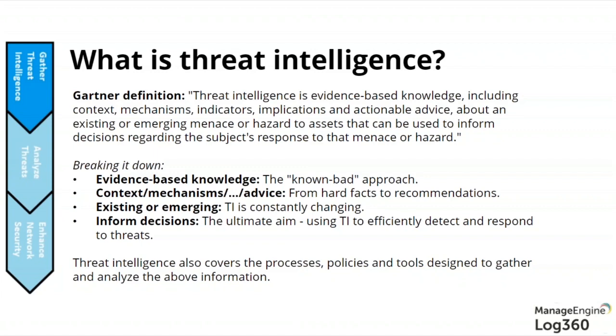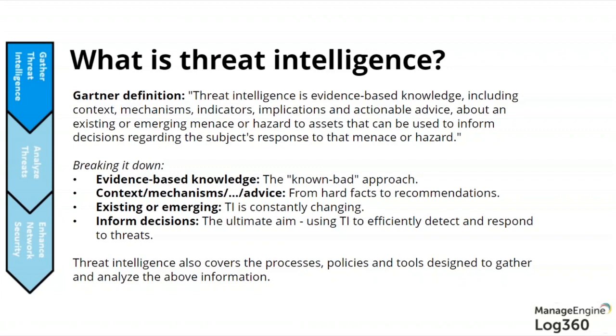It's not just indicators, as you can see. It ranges from hard facts like the specific mechanisms and indicators that point to a threat, as well as more general information such as recommendations or advice on how to go about dealing with that threat. So you can see that it's right from hard facts to recommendations. Threat intelligence covers a broad range of topics on how you can identify and deal with threats.